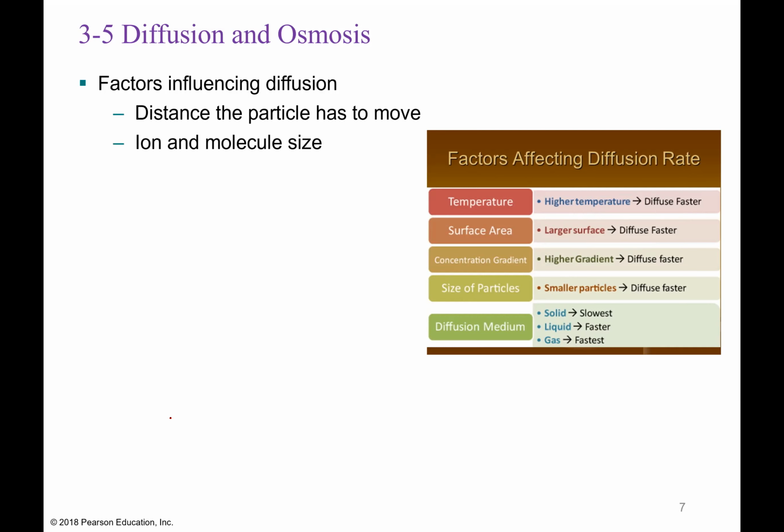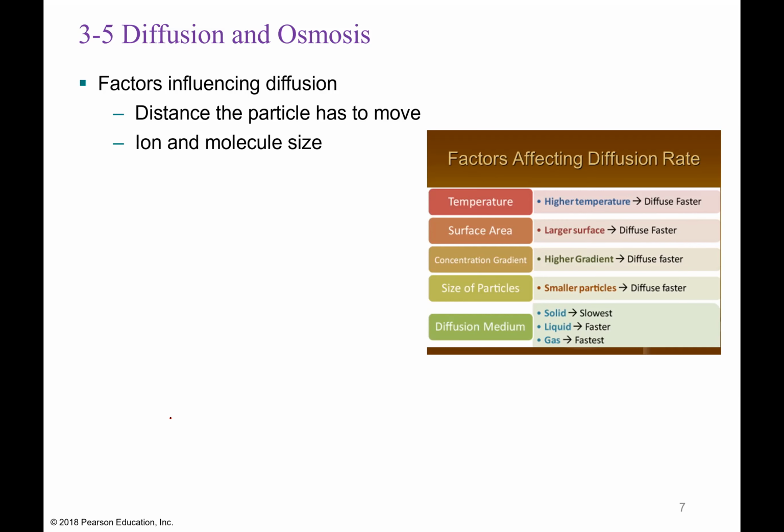Okay, another factor that influences diffusion is the size of the ion or the molecule. So the smaller the molecule, the faster it's moving in space. They vibrate and move around. And so they're going to move and bounce off each other faster and diffuse faster the smaller they are.